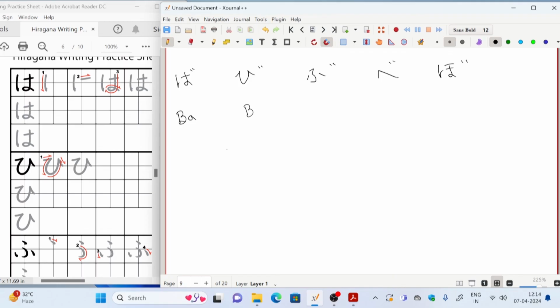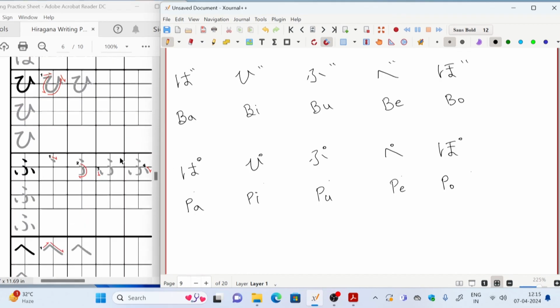So when we put ten, it becomes ba, bi, bu, be, bo. Again, when we have ha, hi, fu, he, ho, we put a small circle over here, which is called maru in Japanese, and it becomes pa, pi, pu, pe, and po.